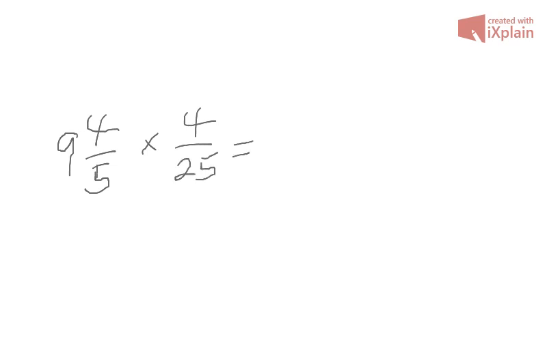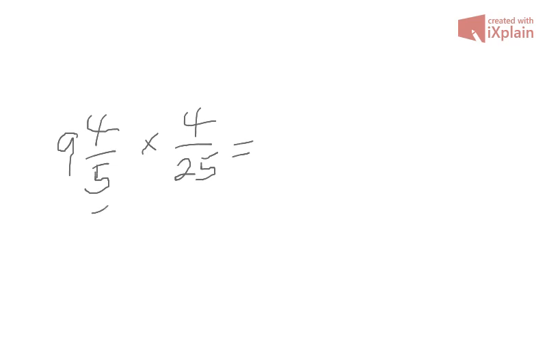The next question indicates that the gravitational constant of the moon is 4/25 that of Earth. And we're told that the gravitational constant on Earth is 9 4/5 meters per second squared. We're going to multiply that times 4/25. So the first thing we have to do is convert that 9 4/5 into an improper fraction.